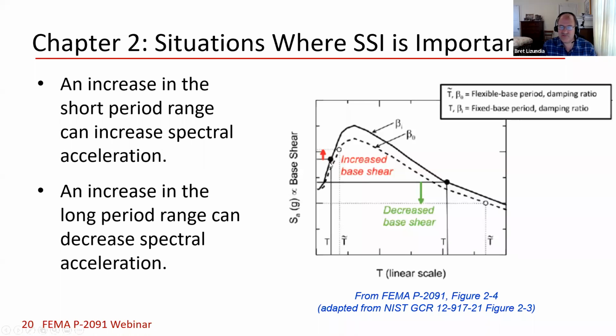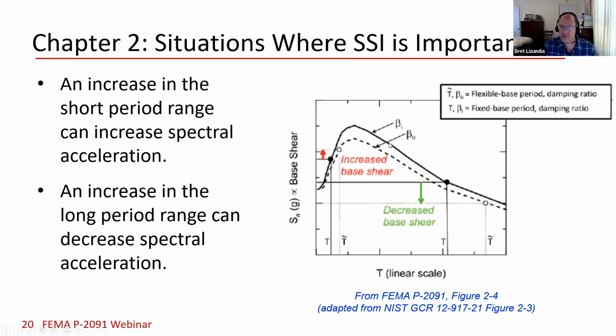So if we had a really stiff building and we started with that line where my cursor is, and then we moved up because the period got longer, we would actually be climbing up the response spectrum. So the base shear and the forces would go up. Not too common, but definitely possible.